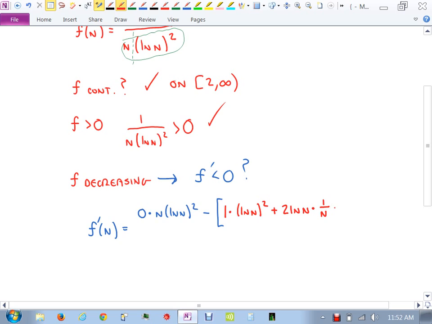And then finish off the product rule, then times the first function, which is n. Right? All of this over what? Quotient rule. Finish off quotient rule. The denominator, all of that squared. So that is the derivative of your function.